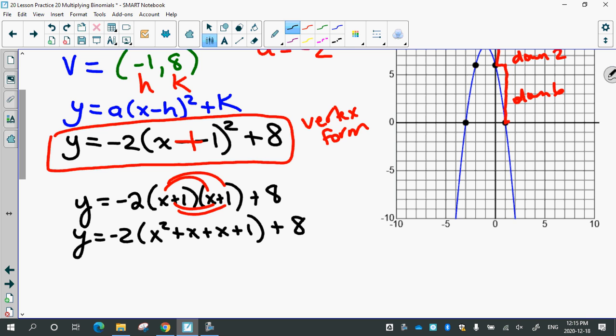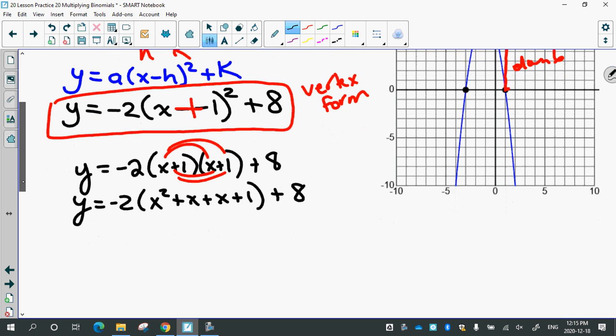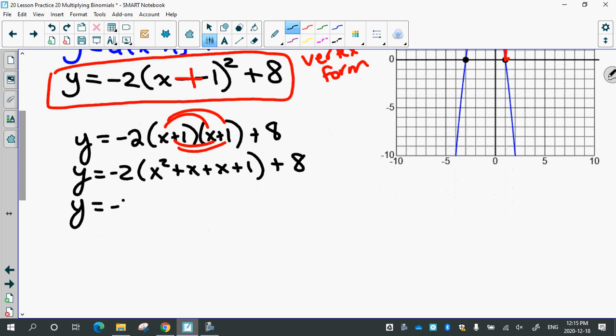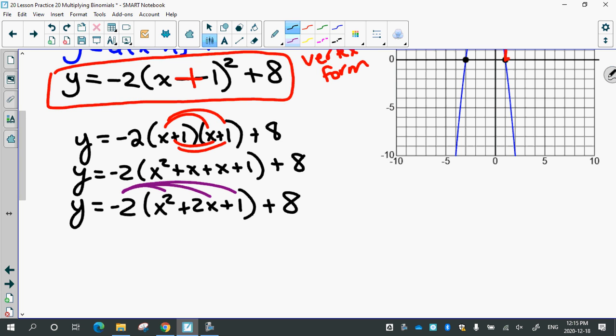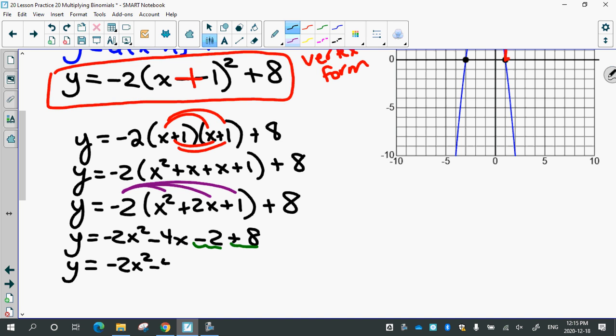I'm excited to compare the y-intercept and see if it works out. Then we distribute the -2 through the bracket only. And then finally you collect the plain numbers. So this should be my standard form.